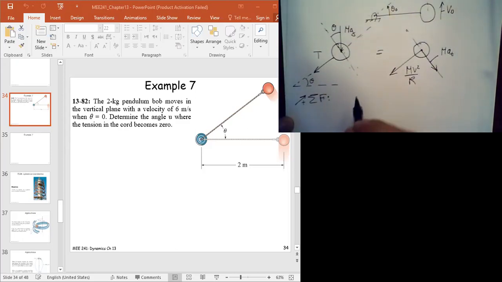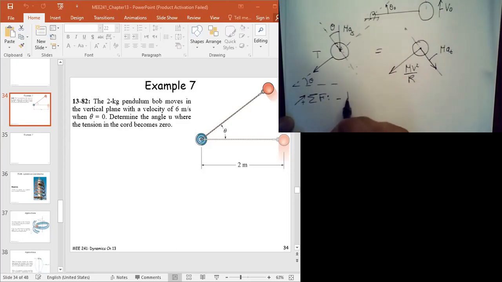Minus T. So minus T, okay. Plus mg sine theta, plus or minus? Minus. Exactly.